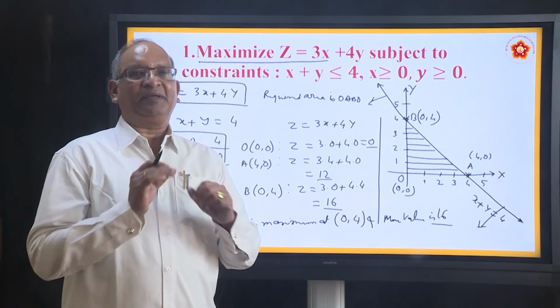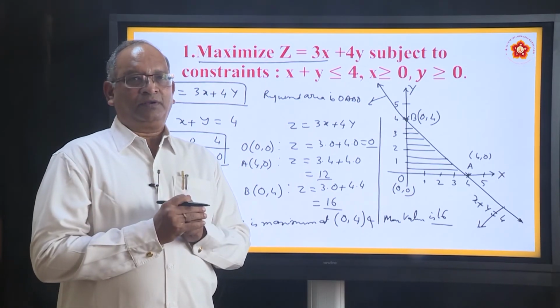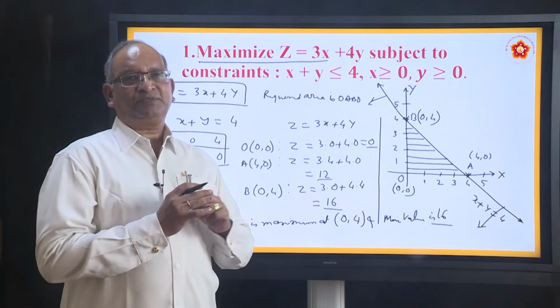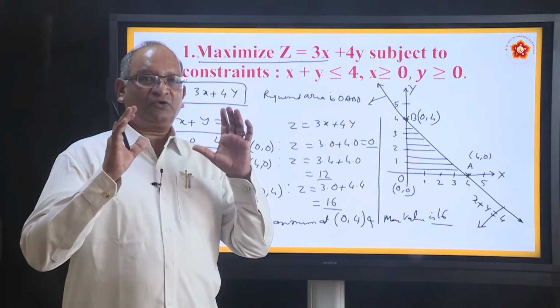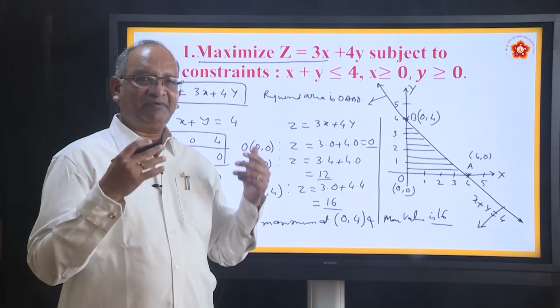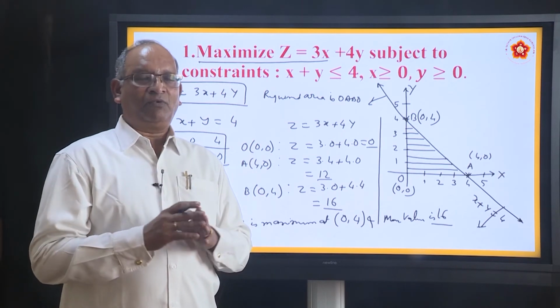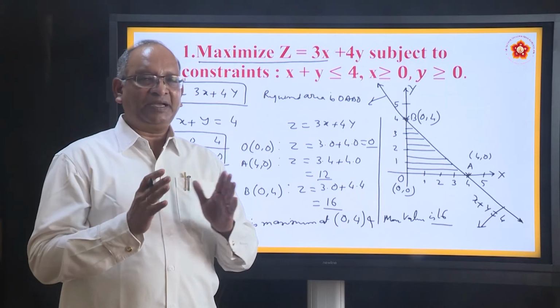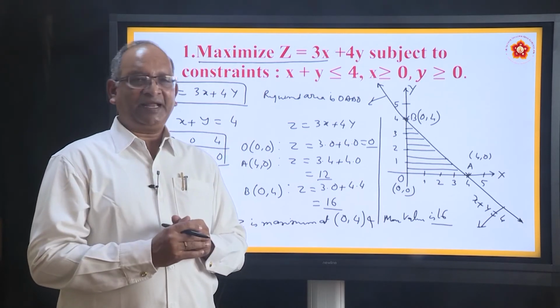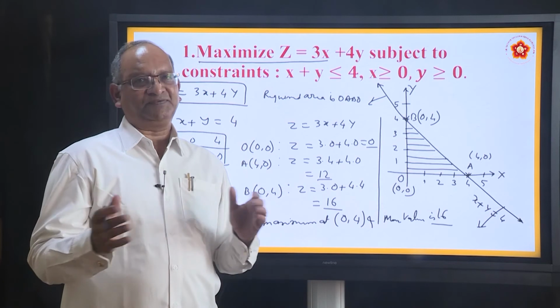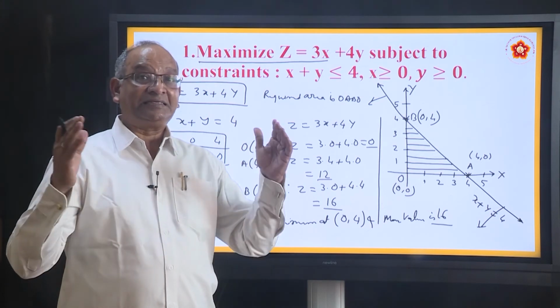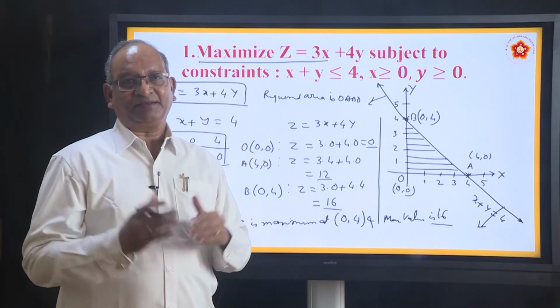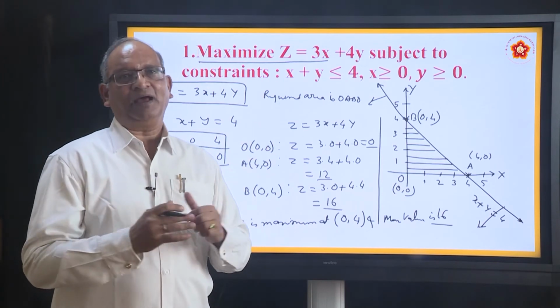Try to understand the method. When we are doing the problems, first we have to form inequalities, but here he has given inequalities. What are the steps? The first step is convert them into equations. Next step is draw the graphs. Third step is shade. Do the shading and find out what is the common area.